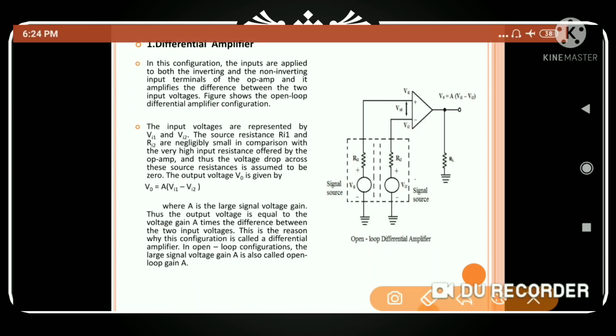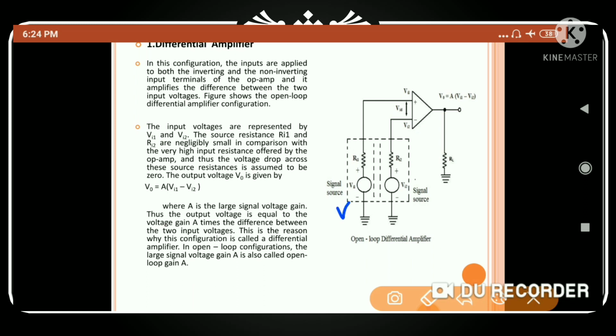See, first one, differential amplifier. In this configuration, you can see the diagram here. First see the open loop differential amplifier. We have not given any feedback here. Okay, so the output is the difference of the inputs.